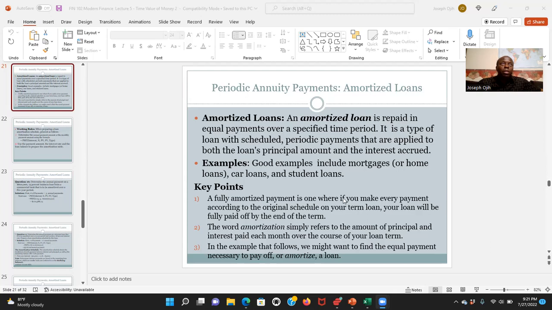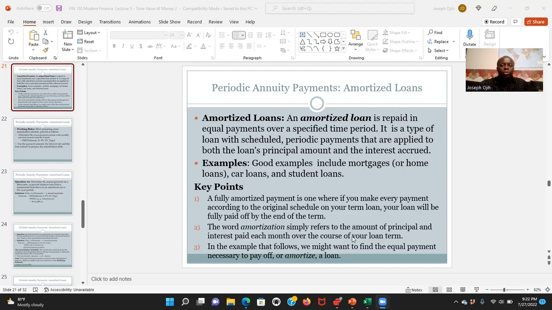So simply put, when we hear the word amortization, it means the amount of principal and interest paid each month over the course of your loan term. Which means that to amortize the loan simply means to pay the specific amount that goes to the principal and to the interest.